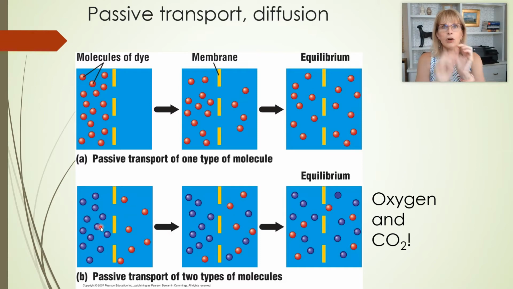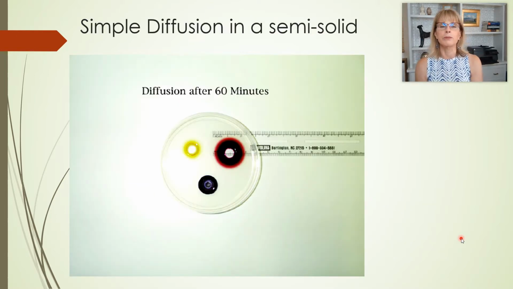All the time in your lungs, oxygen, I'll make it the blue one, is moving into your bloodstream, as the carbon dioxide, that's a waste product that you want to exhale, is moving into the little air sacs of the lungs. So as blood is going by, the CO2 is going to go into the lung, and the air from the lung goes into the blood until it reaches equilibrium. So that's just simple diffusion.